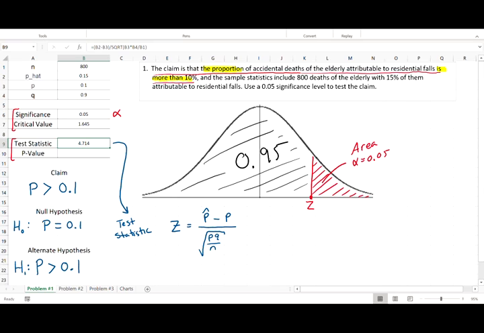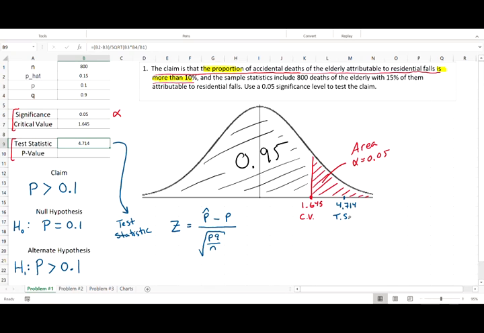And let's do the test statistic in blue. So if we know our critical value is 1.645, let's label that CV for critical value. Well, our test statistic is way over here, 4.714. Let's use TS for test statistic.